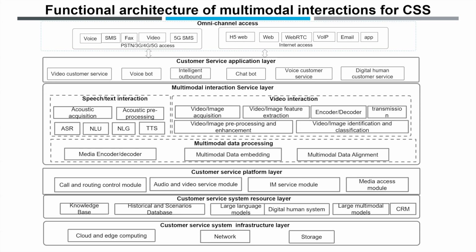In the below, that's the ICT layer, which doesn't need to be introduced, so we need to focus on the multimodal interaction service layer here. Here we have the speech interaction, the video interaction, and also multimodal data processing. This is used by the large multimodal models technologies.